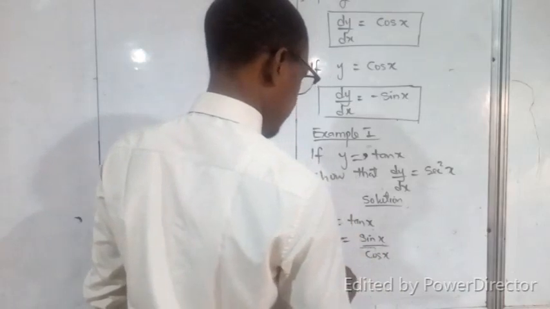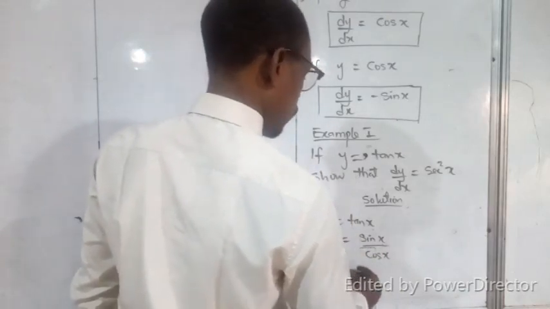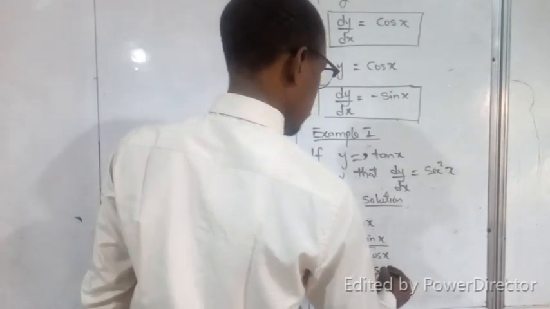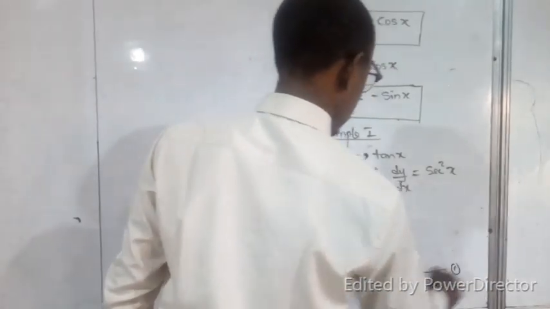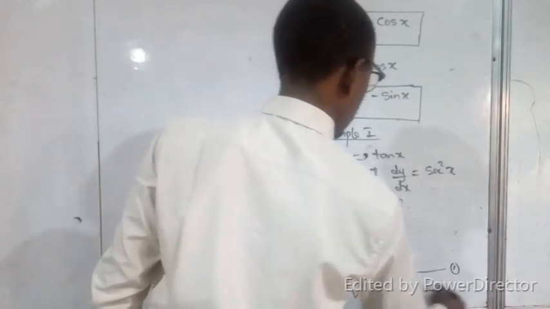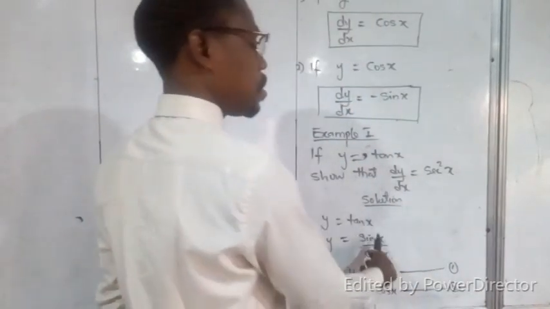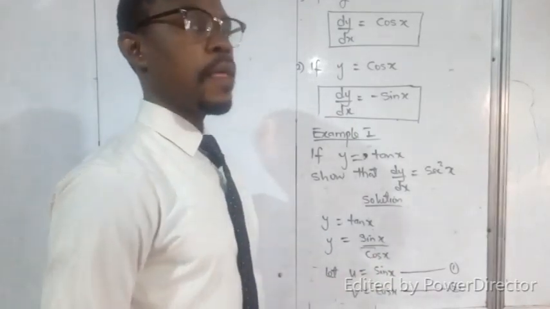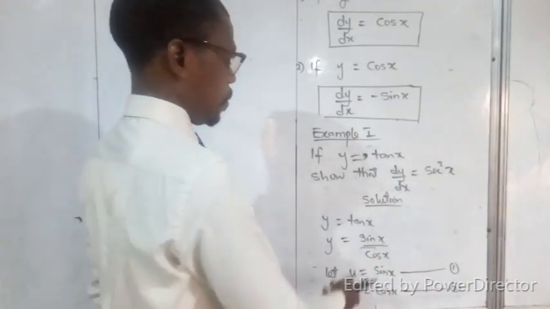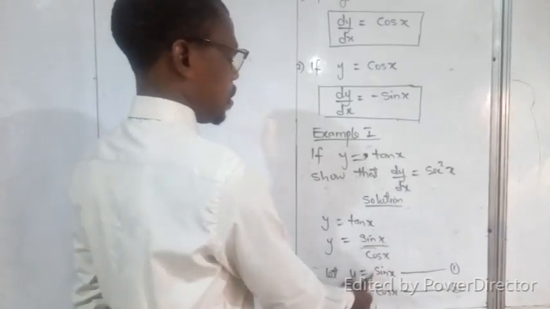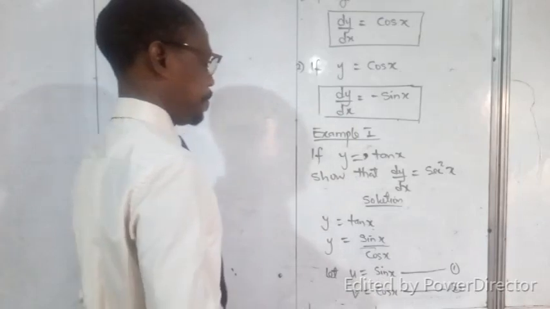So we let u to be equal to sine x, equation 1, and v equals to cos x, equation 2. Because this is a rational function, we are going to use a quotient rule. So immediately I let u to be sine x and let v to be cos x.